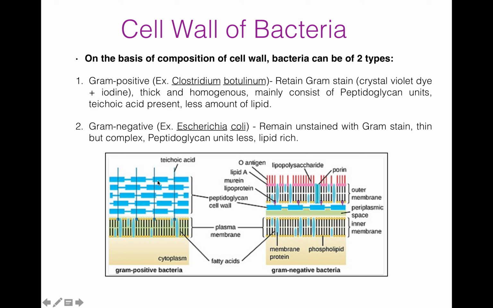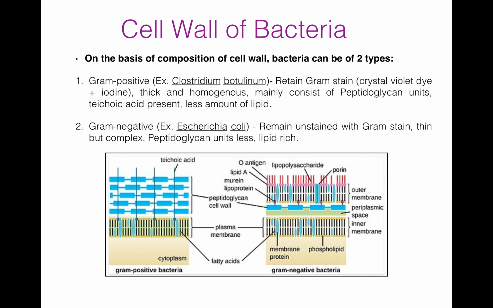Now we will see the difference between the gram-positive and gram-negative bacterial cell walls. In gram-positive bacteria, for example Clostridium botulinum, the cell wall is thick and it mainly consists of peptidoglycan units.